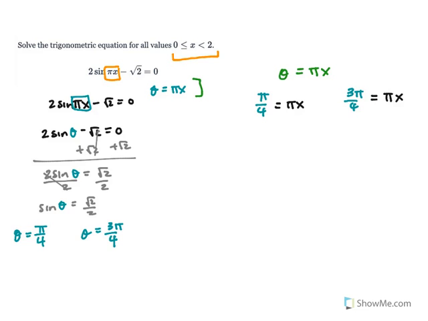Then we just want to solve. So I would divide by pi on both sides, and this is the equivalent of saying x, because the pi's cancel out, is equal to pi over 4 times 1 over pi. And when we do this, the pi's cancel out, and x is equal to 1/4.